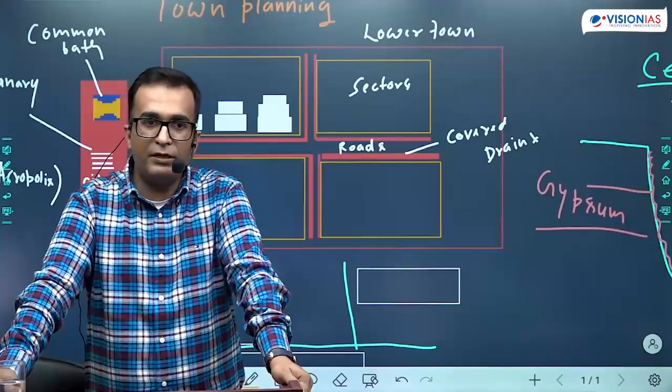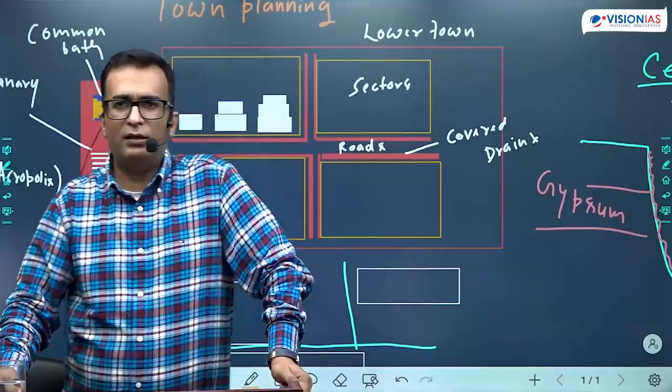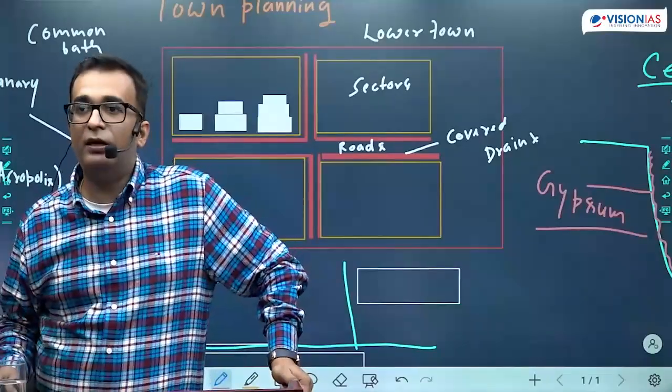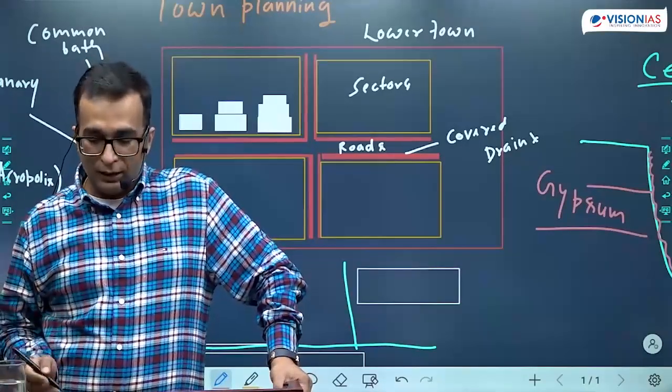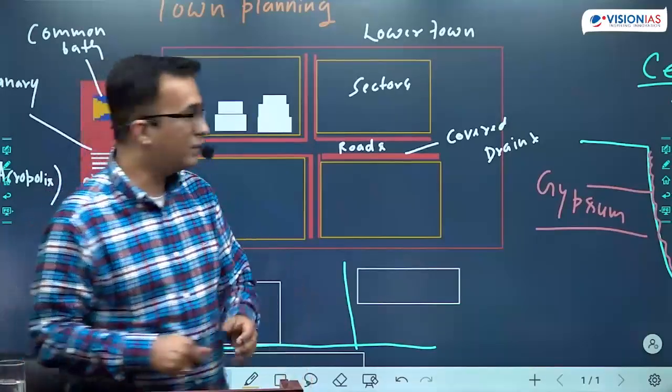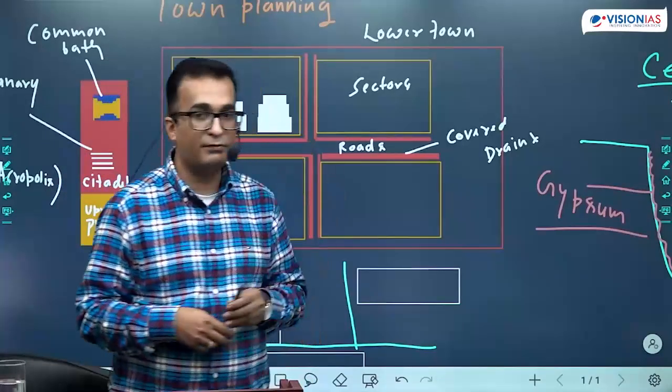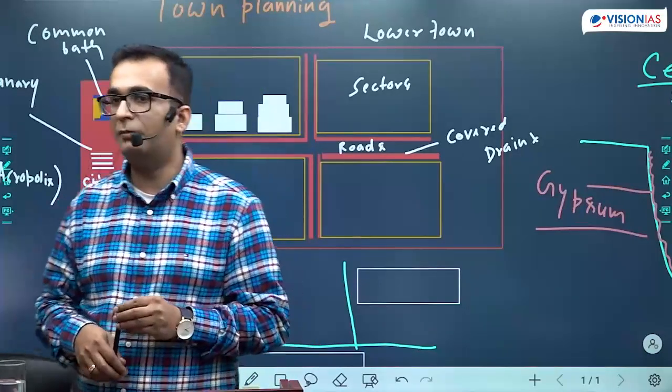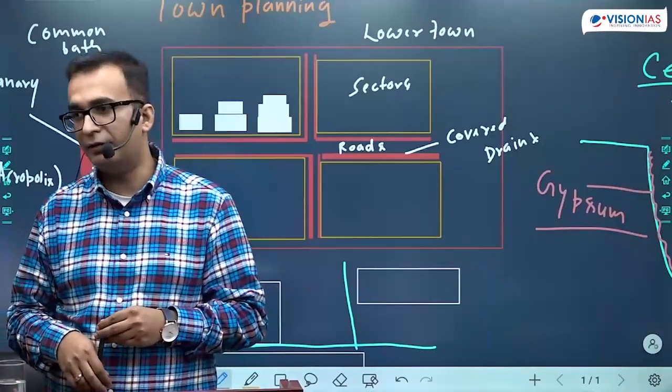Then apart from it, another thing that I think, I don't know I have mentioned or not, in that particular class, that if you look into the houses, so which are rich houses, so suppose that this house has a private well. Not all the houses were having the private well. Some of the houses were having private well.